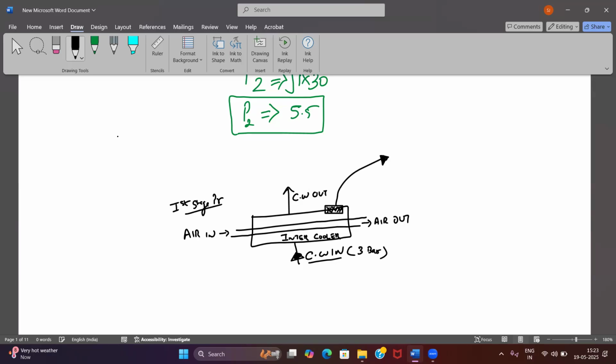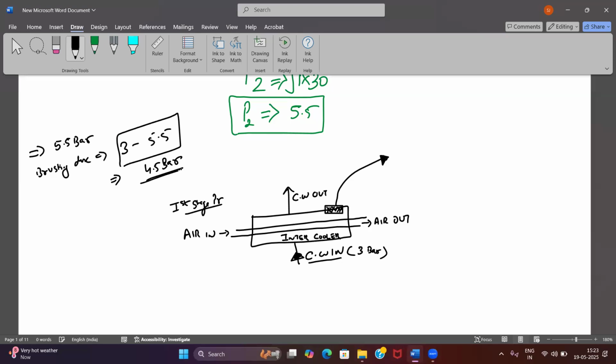That means if my first stage pressure is, suppose, 5.5 bar, then the bursting pressure will be in between 3 and 5.5 bar. Suppose it is set at 4.5 bar.